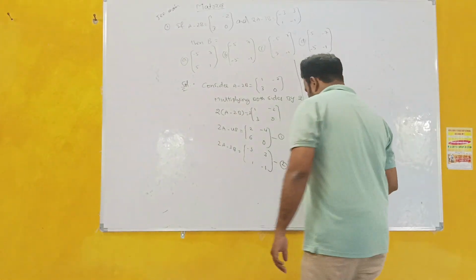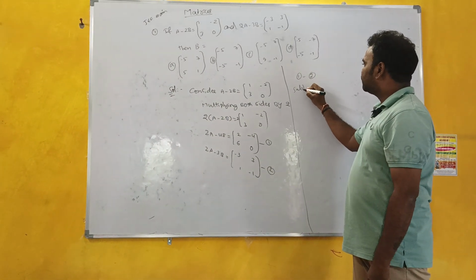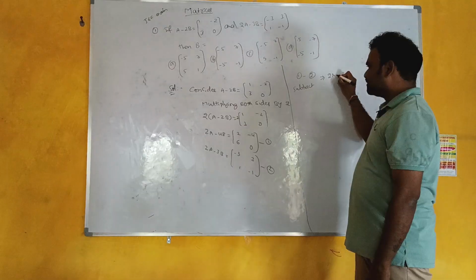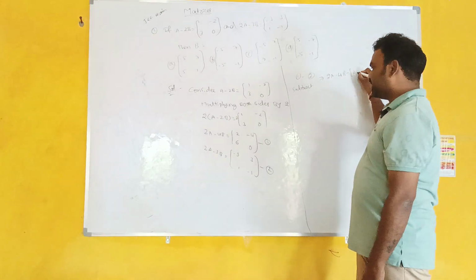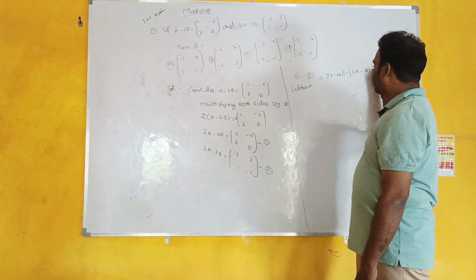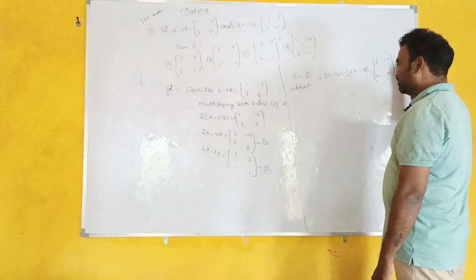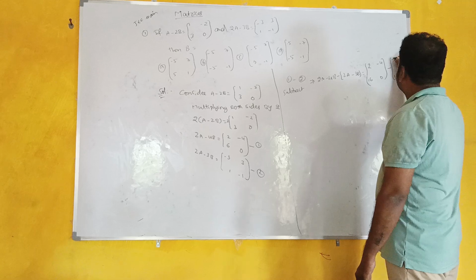Subtracting equation 1 minus 2, what will happen? 2A minus 4B minus (2A minus 3B) equals [2, -4; 6, 0] minus [-3, 3; 1, -1].